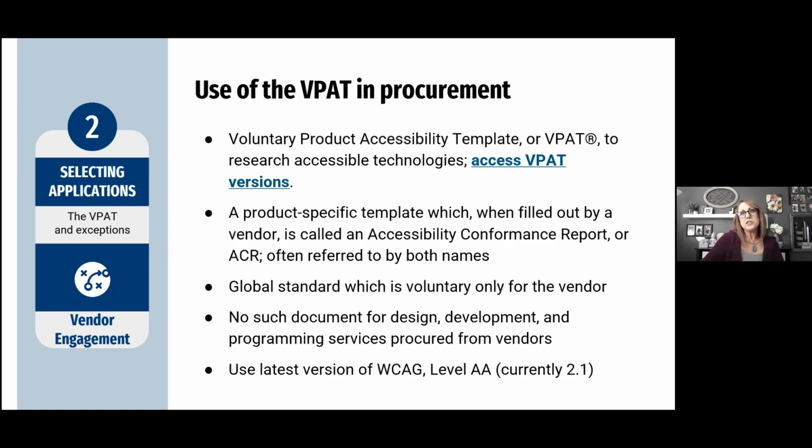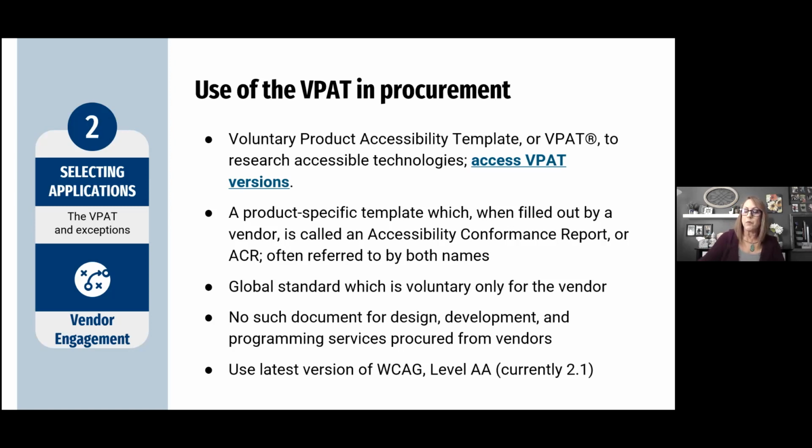It's a global standard, and "voluntary" is a misnomer, because it's only voluntary for the vendor. We, as an institution of higher education, are required to analyze and ask for VPATs from the vendors.